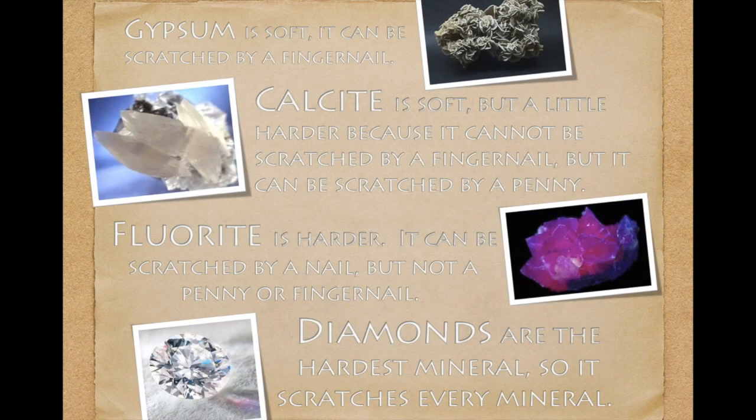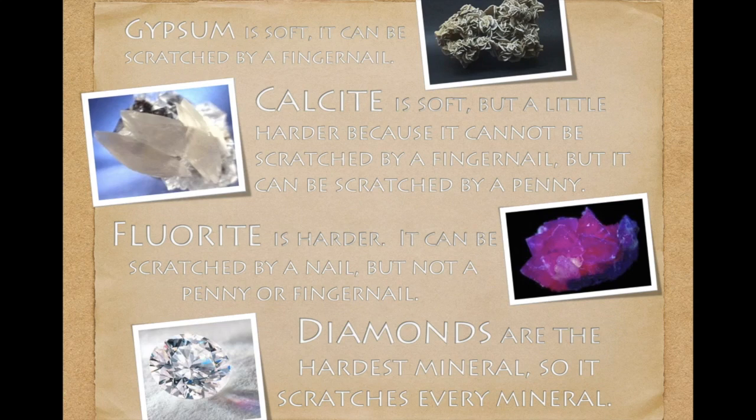So you can see here's gypsum, very soft, can be scratched by the fingernail. Then we have calcite. The fingernail cannot scratch it, but a penny can scratch it. So a penny's a little harder, showing that calcite is harder than gypsum.